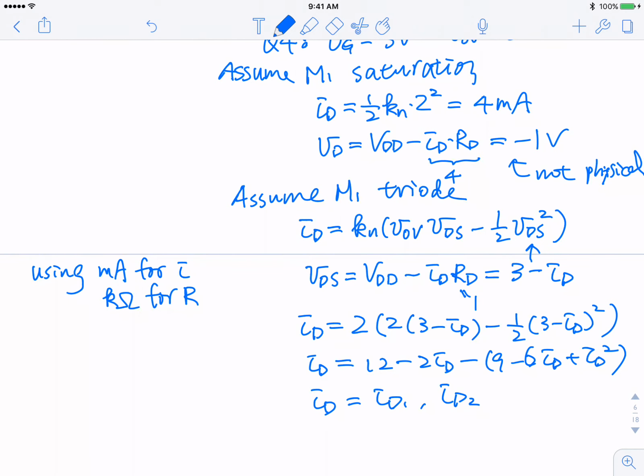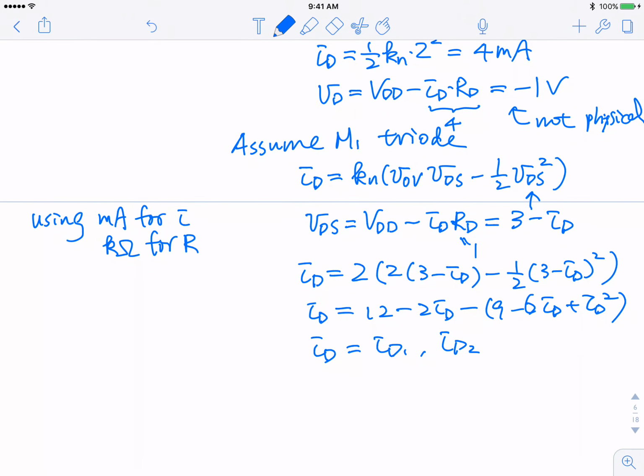Usually, one of them will be too large, okay? How do you know it's too large? Well, you substitute it back there, and you get a negative voltage for VD. So again, that solution is not physical, okay? And one of the solutions will actually be acceptable, so you take this smaller current. I don't have a calculator, so I won't calculate it here, but assuming this is the small one, this is checked.